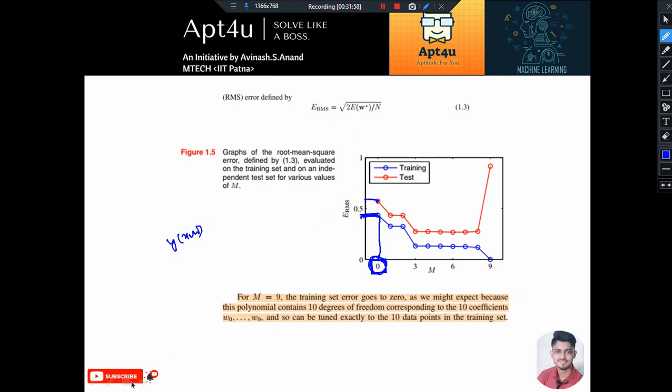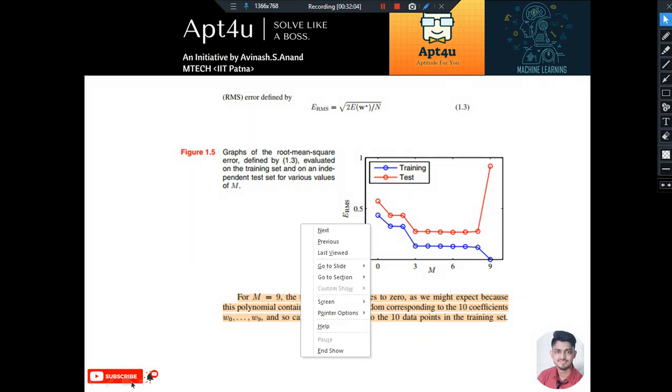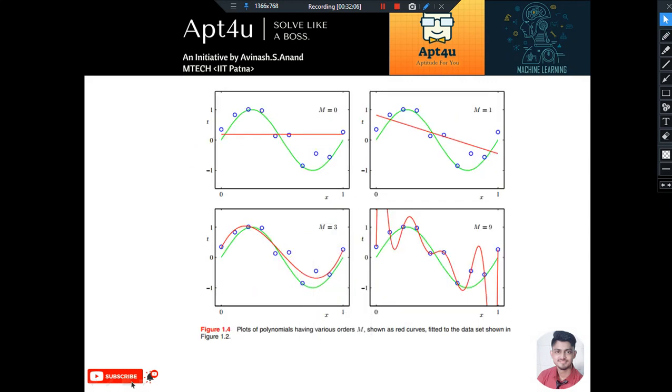Let me explain what is happening here. See how it is operating. You remember here we have m equal to 0, m equal to 1, m equal to 3, m equal to 9. These blue points are nothing but training data. How did we compute the training data?